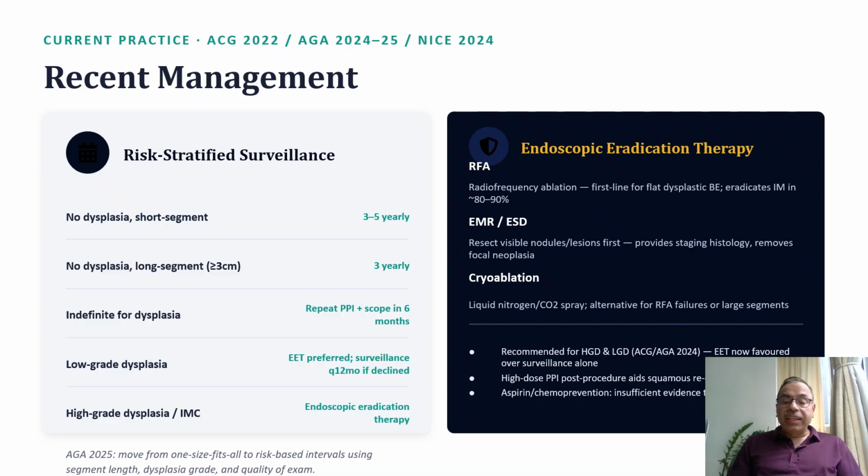So recommended for high grade dysplasia and low grade dysplasia, we have already seen the recent guidelines of 2024 say that endoscopic eradication therapy is now favored over surveillance alone. Always give high dose proton pump inhibitors post procedure. This would aid squamous regeneration.